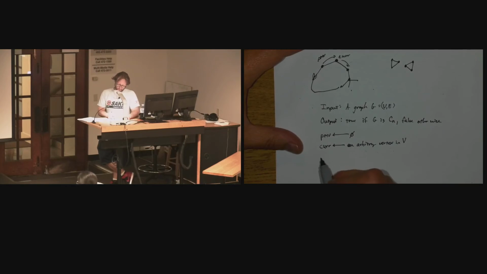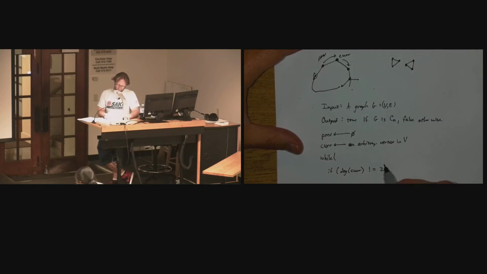So while, and then we can come back and fill that in. When do I stop? First of all, I'm going to check if the degree of the current vertex is not equal to 2. That's not even Python code. Not equal. There we go. That's more pseudocodey. Output false, because you're immediately done.